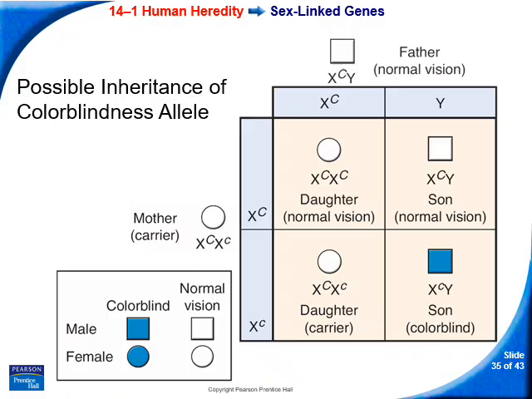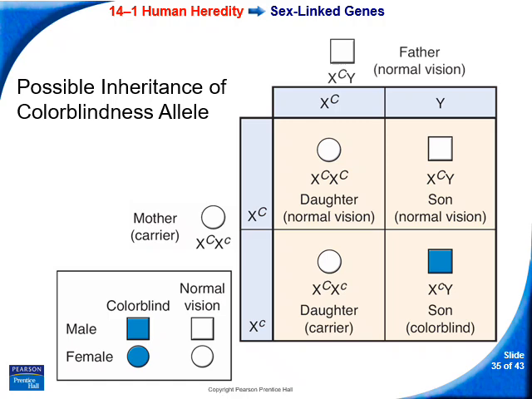So if they carry the recessive gene, they do not have another X chromosome that can carry the normal dominant gene to mask the effect of this recessive disorder. Obviously, once they have it, they are going to be colorblind. So make sure that you know.